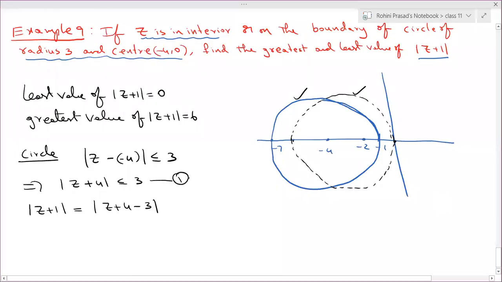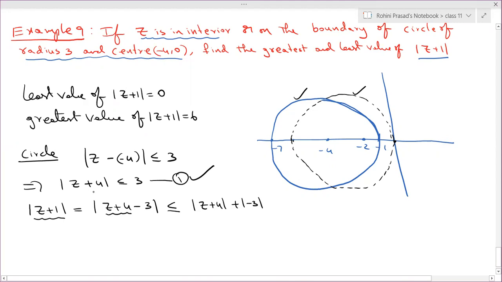So using this known equation from the given information to get the value of mod z plus 1, you can write mod z plus 1 as mod z plus 4 minus 3. And you have a property, mod z1 plus z2 is less than or equal to mod z1 plus mod z2. So you can write this.